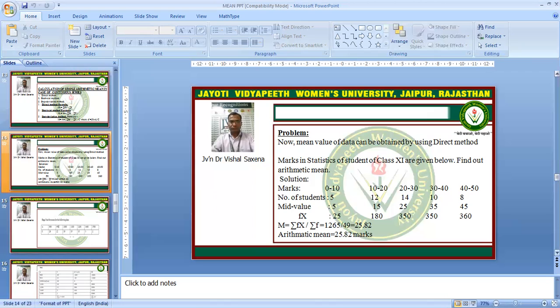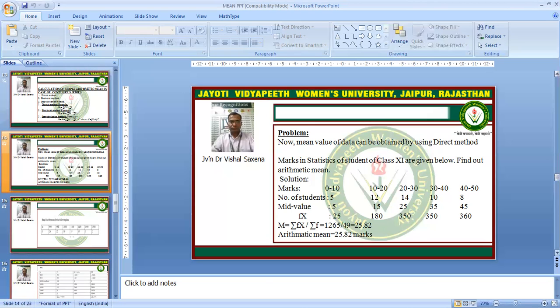So we have to calculate the value of fx, and it will be like 25, 180, 350, 350 and 360.